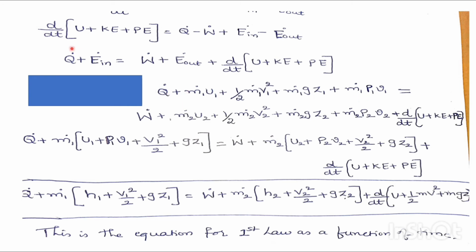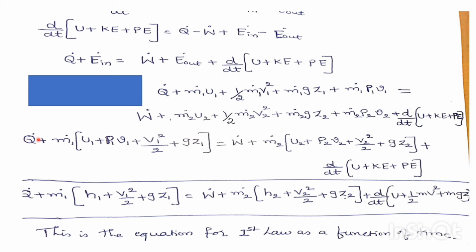So Q dot plus this E_in dot I have replaced by what is entering along with mass, represented by m1 dot into u1 plus 1/2 m1 dot v1 squared plus m1 dot g z1 plus m1 dot p1 v1. This indicates the flow work entering the system, equals W dot, which I have kept as it is, plus the energy out along with mass, m2 dot u2 plus 1/2 m2 dot v2 squared plus m2 dot g z2 plus, again, the flow work flowing out of the system, m2 dot p2 v2, plus this term, which I have kept as it is.